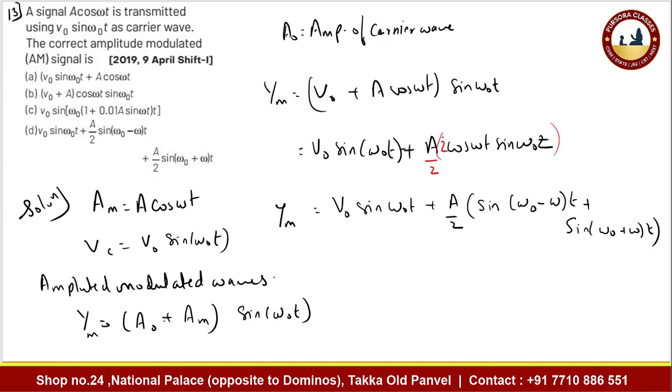So this is your amplitude modulated wave. So the correct option will be D. I hope you understood, students.